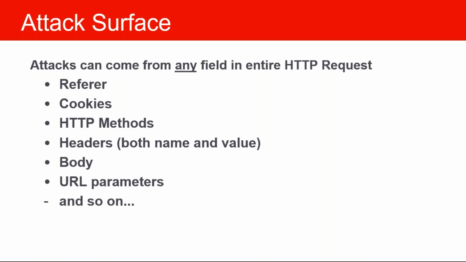So for example, in one of our pen tests, we actually found a SQL injection issue through the user agent string. It was an analytics application, and as you can imagine, in an analytics application, it is very likely that the application will take the user agent string and put it into the SQL database for performing analysis. And that's why we tried to perform a SQL injection in that, and we succeeded, right?